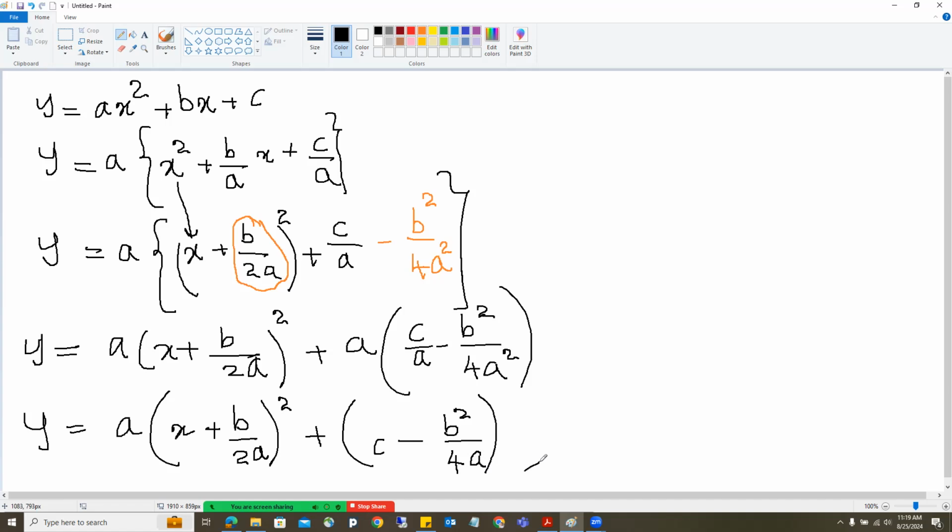This is the vertex form. So we started with the standard form and made it into a vertex form. Is it clear? If you have any questions, just ask me. That's totally fine.